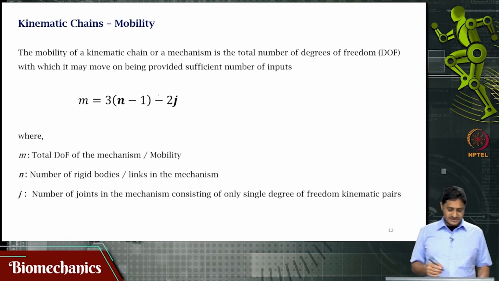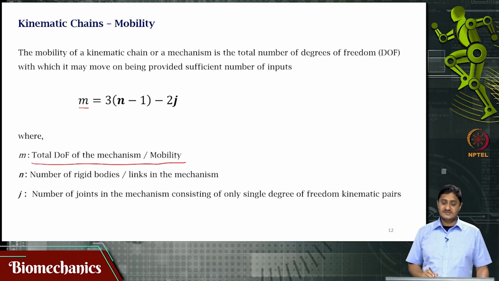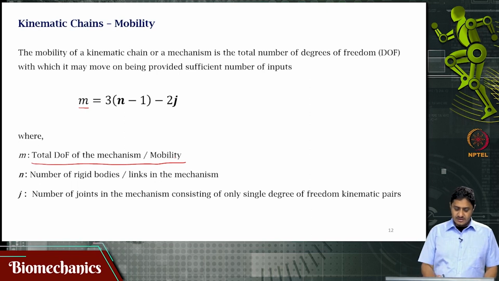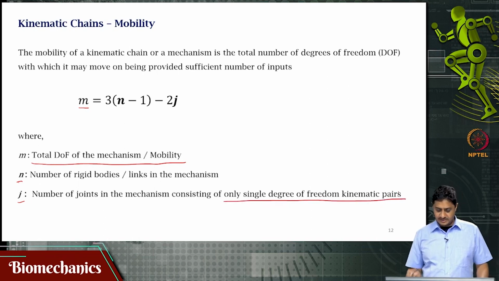There is a formula for this, where m is the total number of degrees of freedom of the mechanism, also called mobility, which is why it is called m, n is the number of rigid bodies or links present in the mechanism, and j is the number of joints present in the mechanism with only single degree of freedom kinematic pairs.